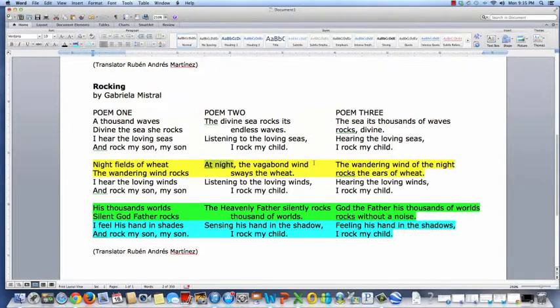Then I have over here the wind first. The placement of those different images or ideas helps make a tone, helps create a mood, helps impact the overall meaning of the poem. On top of that, you have a wandering wind here and a wandering wind here, but a vagabond wind here.